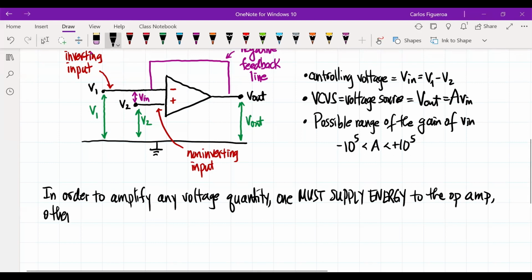Otherwise, magic occurs. You can't get energy from nothing.